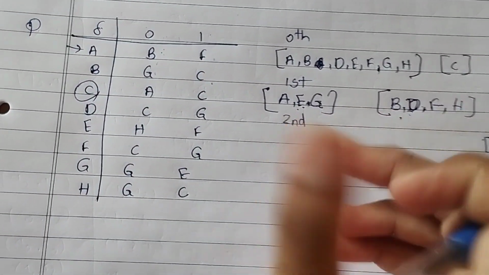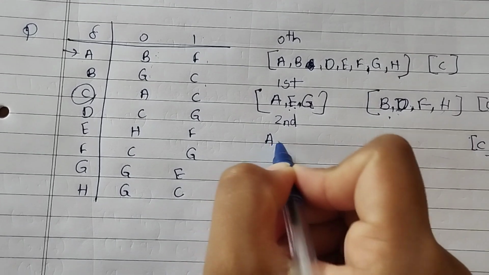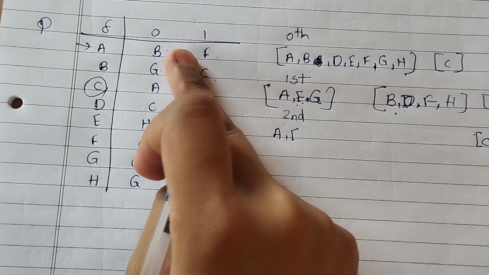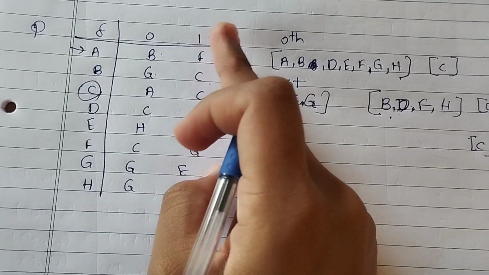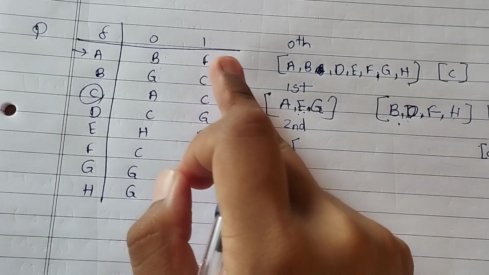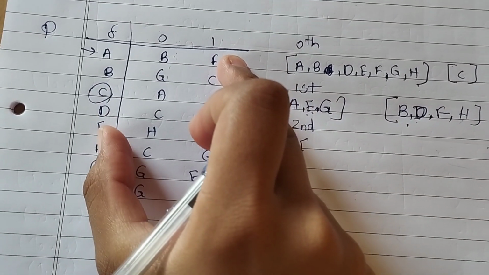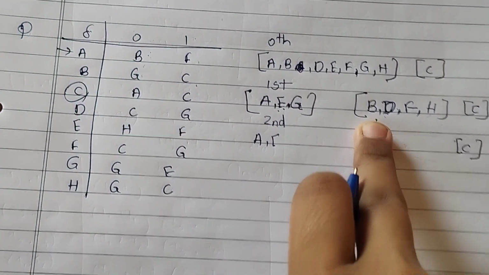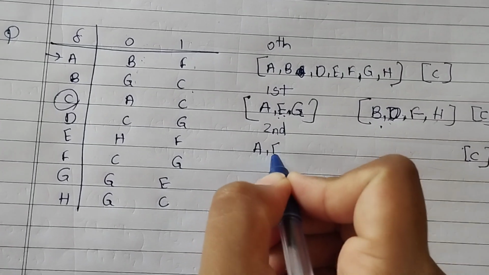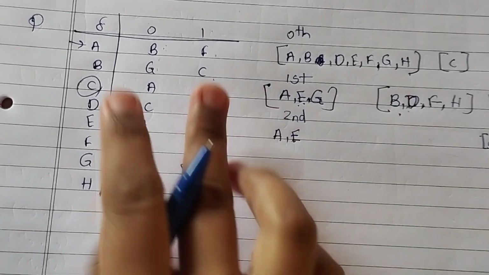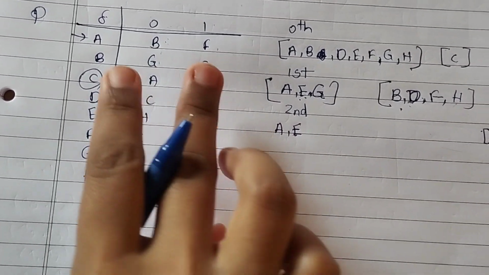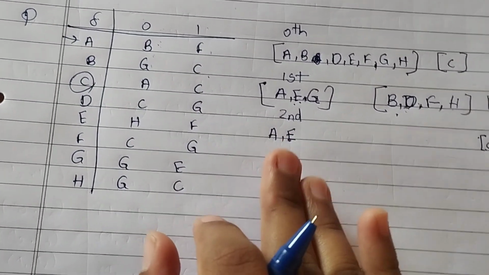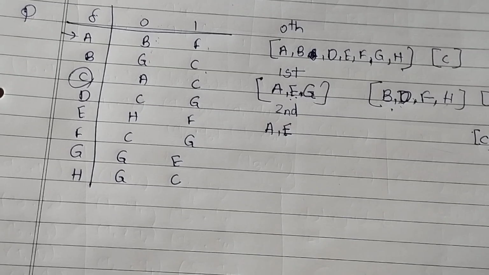But first we see 1 also, because only 0 is not enough. A reads 1 in F and E reads 1 in F, so F is also present in the same group. So now we write A and E. We check both transactions 0 and 1, and if both are present in the same group, then they are in the same group. Otherwise they are in separate groups.